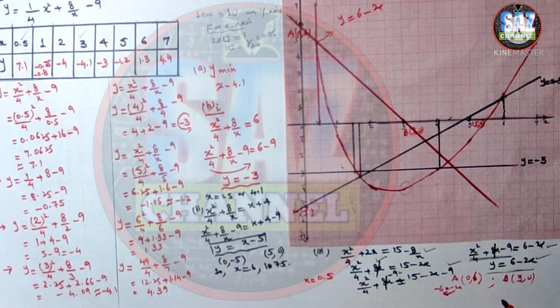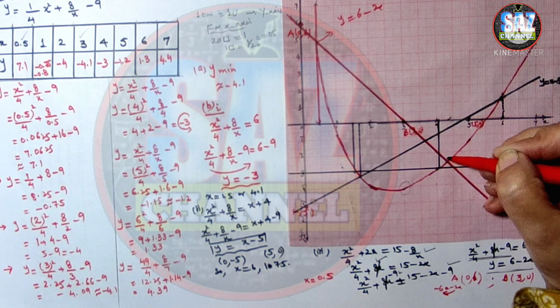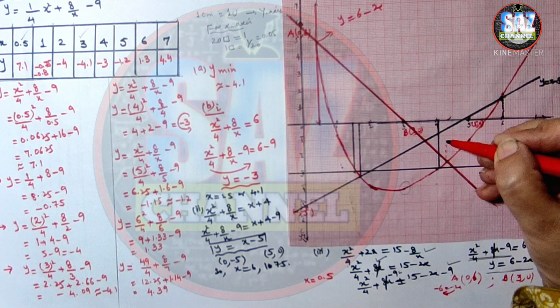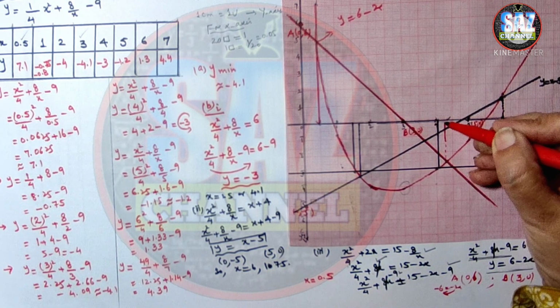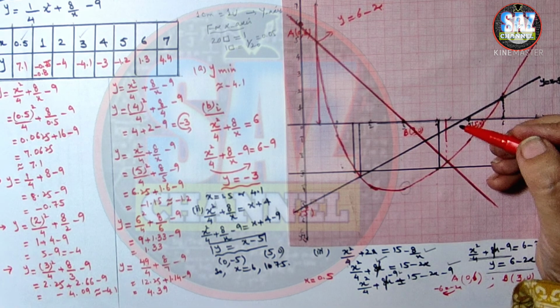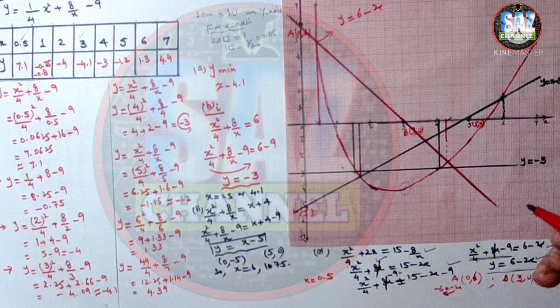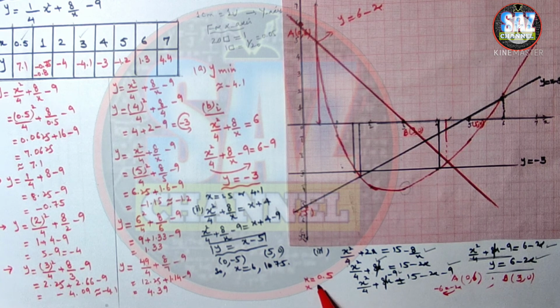And on the other side, let me draw a dotted line. After 4, 1, 2 and 3 blocks. So if one tiny block has a value of 0.025 multiplied by 3, that is 0.075, so 4.075, or 4.1. x equals approximately 4.1.